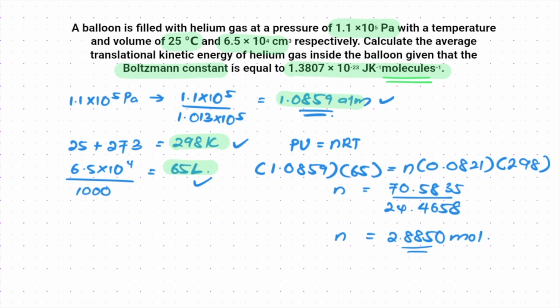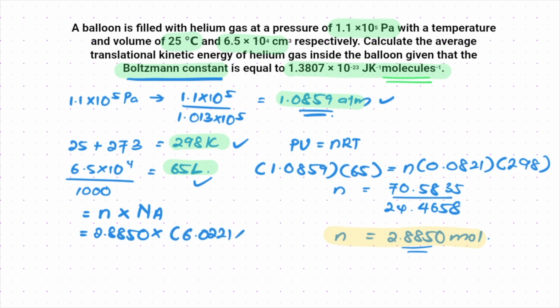Alright, since you were given the Boltzmann constant, we are going to convert this number of moles into the number of molecules. You just have to find the number of molecules by multiplying the number of moles times the Avogadro number. The number of moles is 2.8850 times the Avogadro number, 6.0221 times 10 to the power of 23.